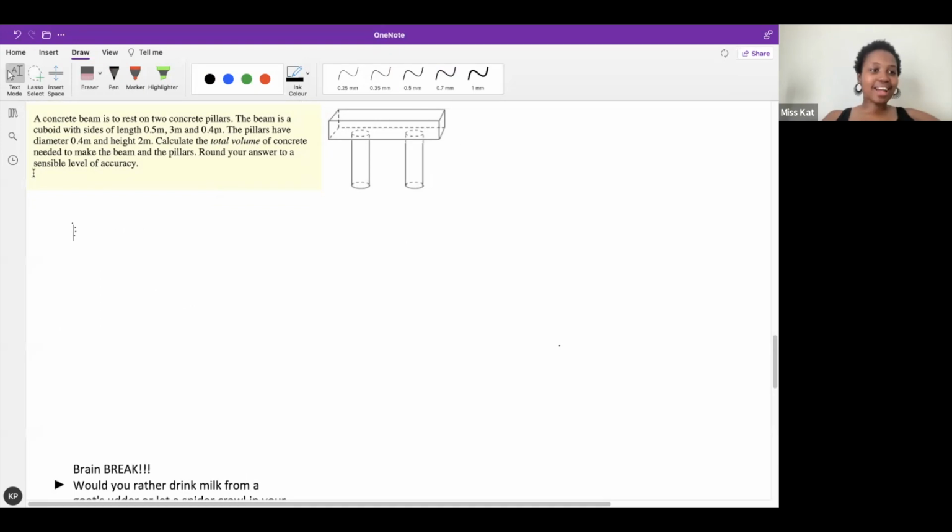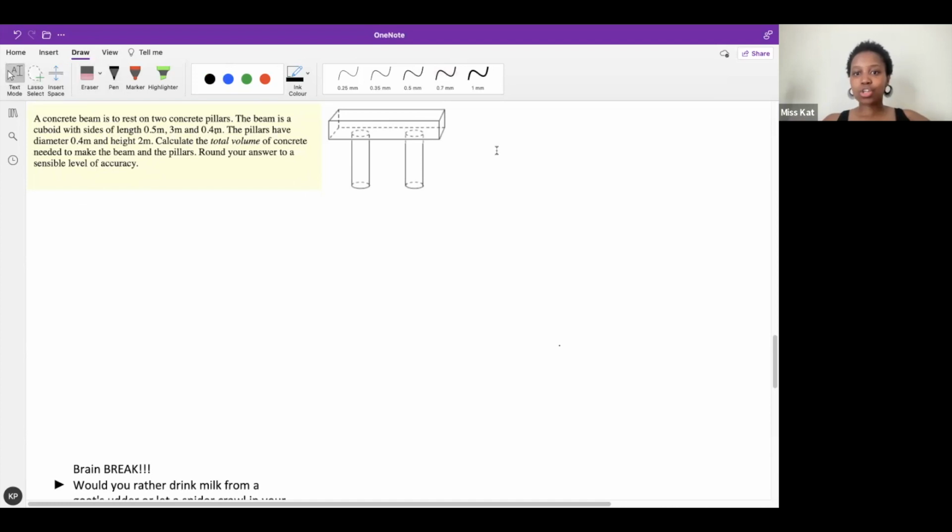Okay, let's look, guys. The last one. A concrete beam is to rest on two concrete pillars. The beam is a cuboid with sides of length 0.5 meters, 3 meters, and 0.4 meters. The pillars have a diameter of 0.4 and a height of 2 meters. Write the total volume of this whole structure. I'm first going to fill in the information.